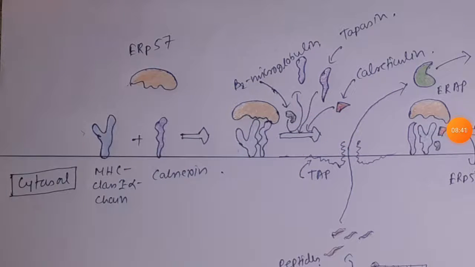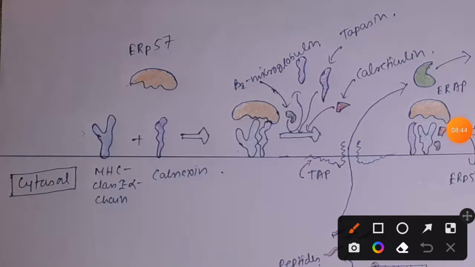So let's see. There are various chaperones involved in this process. The first chaperone is calnexin. So MHC class 1 alpha chain and calnexin will exist together, that means there will be a complex between MHC class 1 alpha chain and calnexin. Not only these two, along with that there will be another molecule named ERP57. That means the first complex was between ERP57, MHC class 1 alpha chain and calnexin.